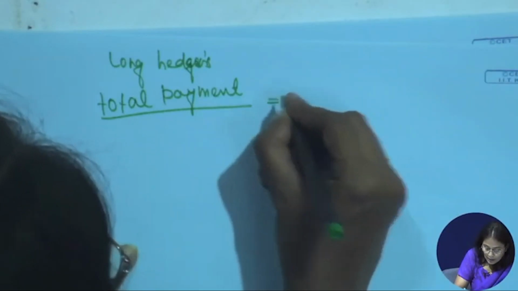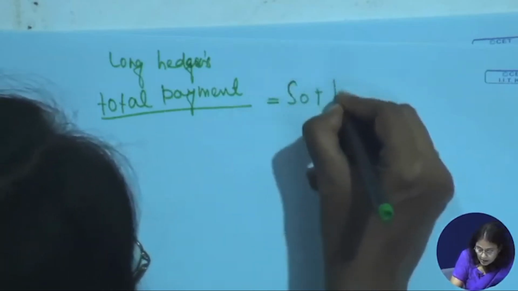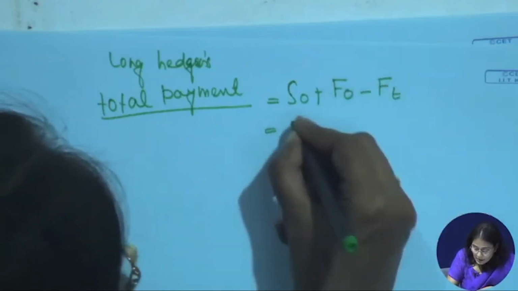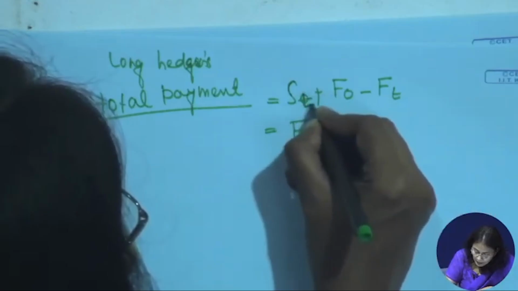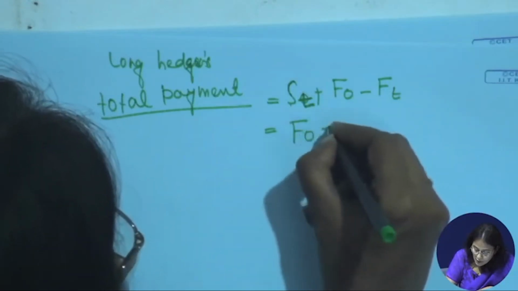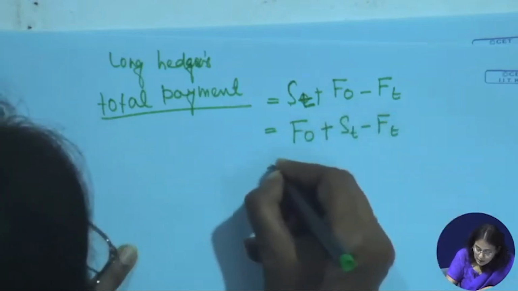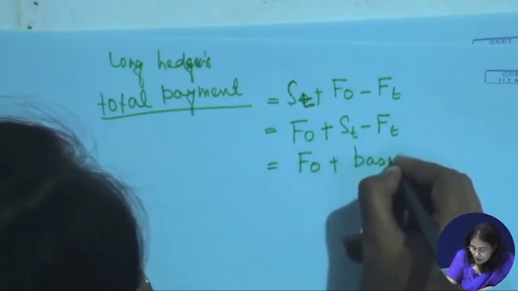So total payment is going to be ST plus F0 minus FT. So it is F0 plus ST minus FT. This comes to F0 plus basis on T.